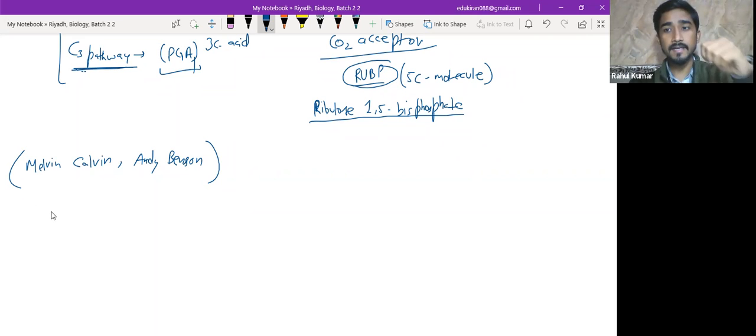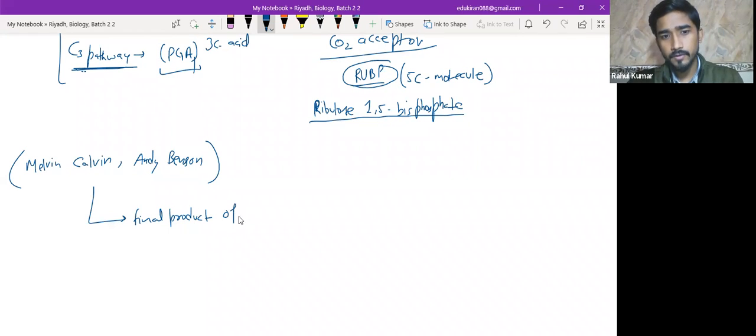When the Calvin cycle ends, the final product is not glucose, but a 3-carbon sugar. Now pay attention to this.